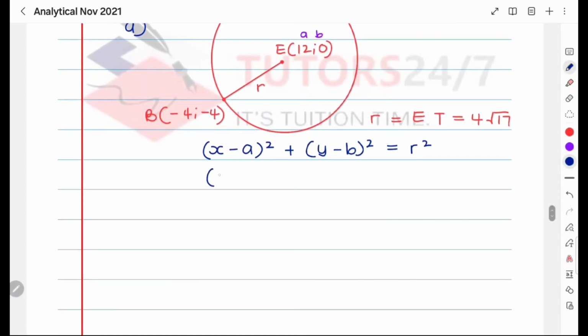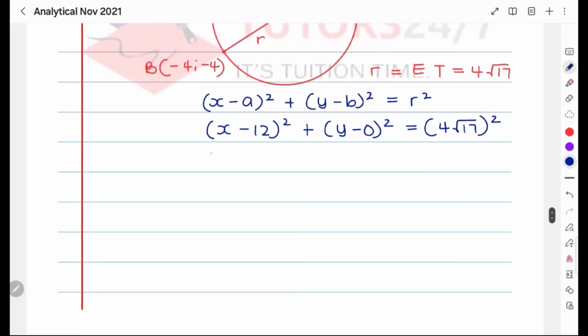That becomes (x − 12)² + (y − 0)² = (4√17)². From here, that becomes (x − 12)² + y² = 272. And that is it. That is the equation of the circle at E.